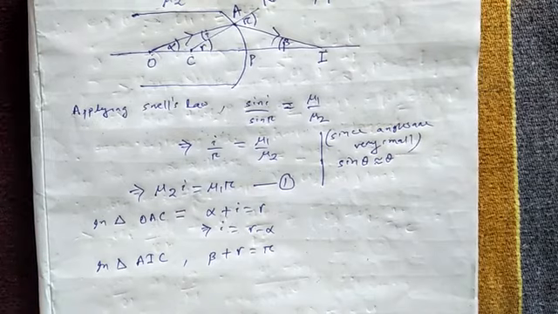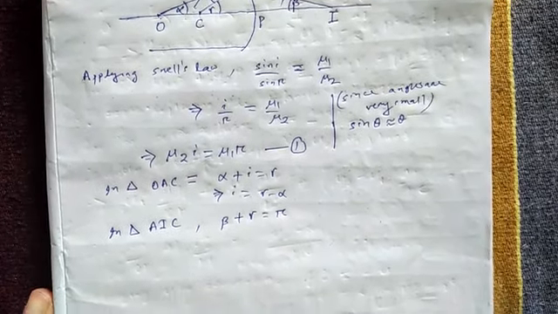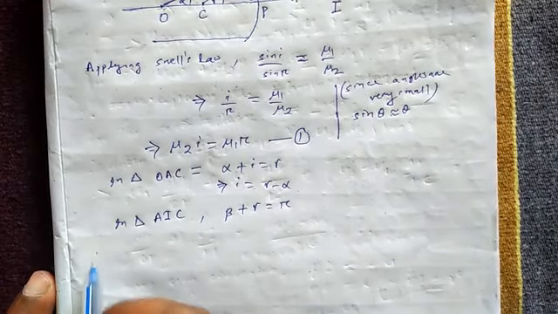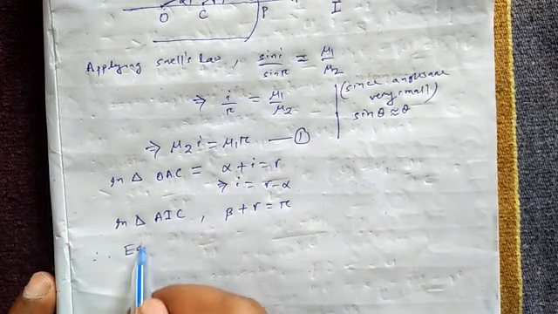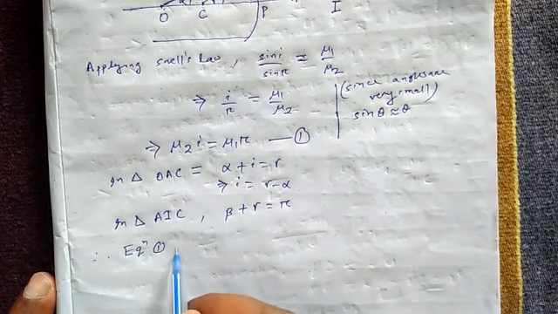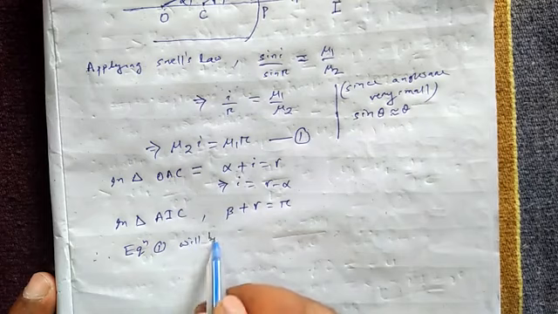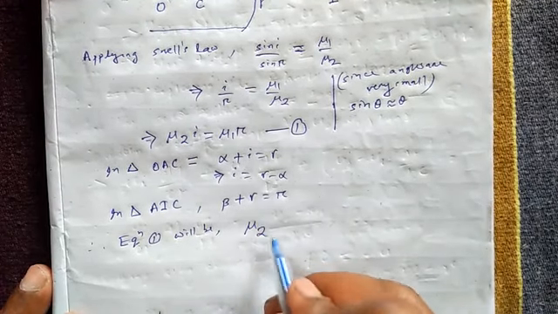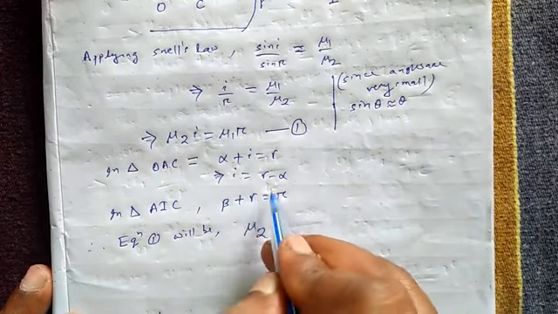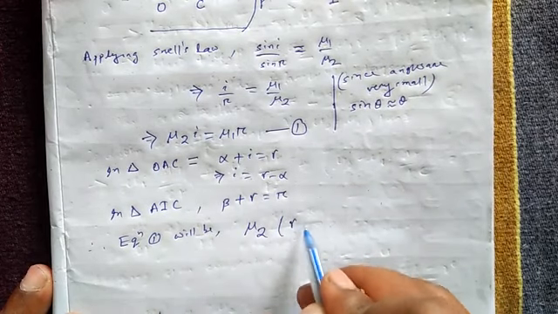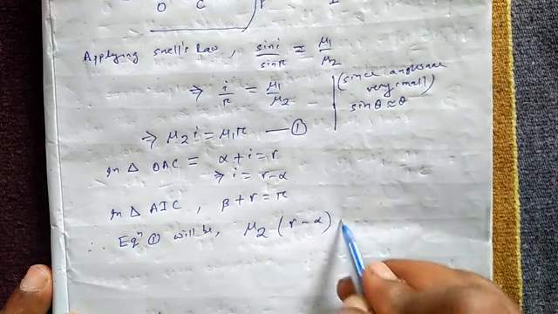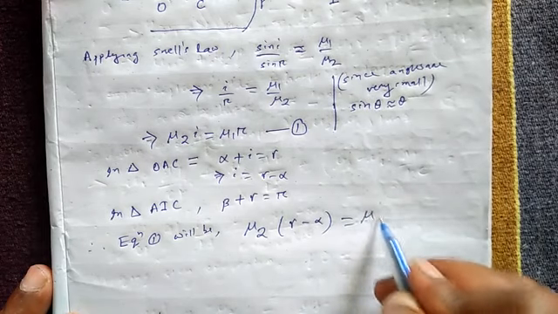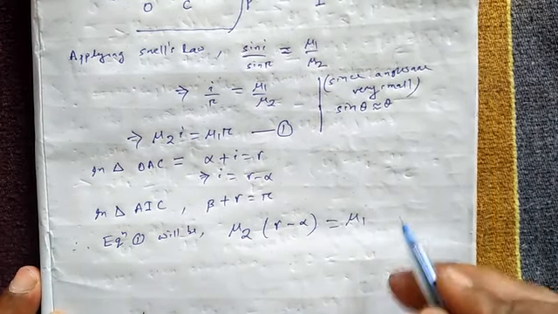Now putting the value of I and R in equation number 1, equation 1 will be mu2 I, I is equal to gamma minus alpha. Mu2 into gamma minus alpha is equal to mu1 R. R is equal to beta plus gamma.